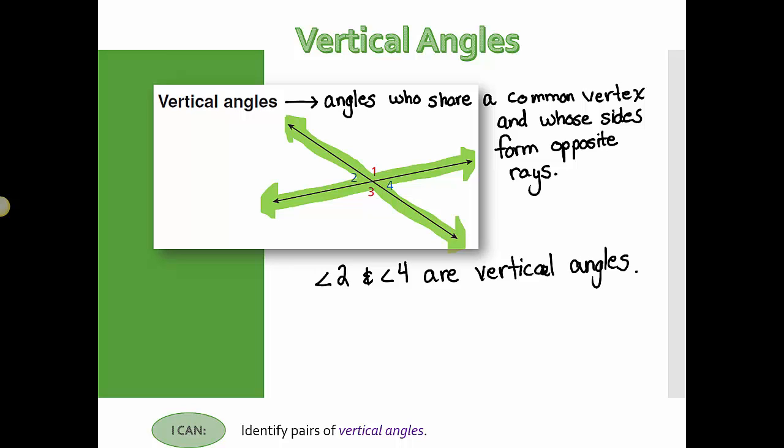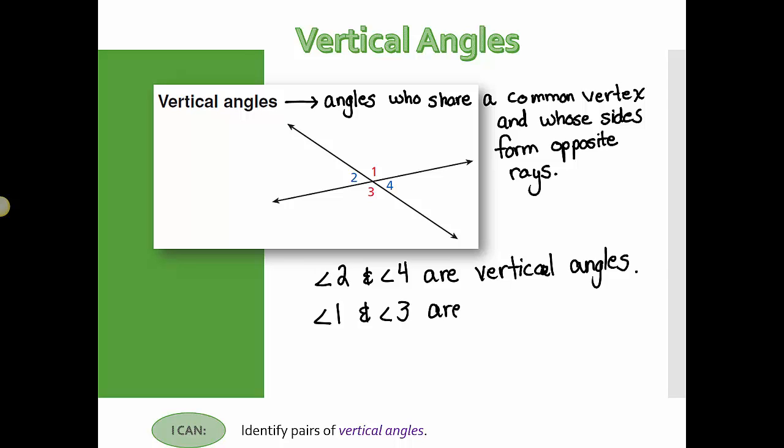We can also say, looking at this diagram, that angle 1 and angle 3 are vertical angles. They meet at the same vertex. These sides form a straight line, and this pair of sides form a straight line.